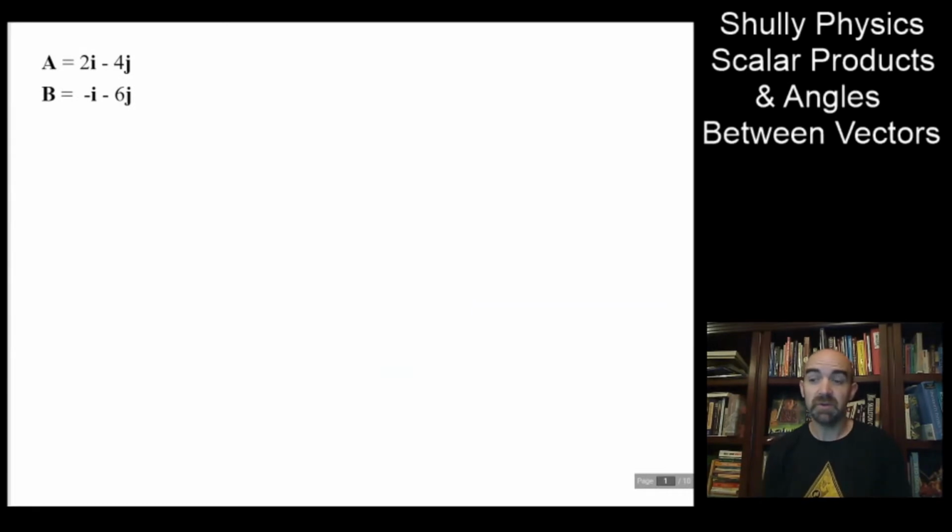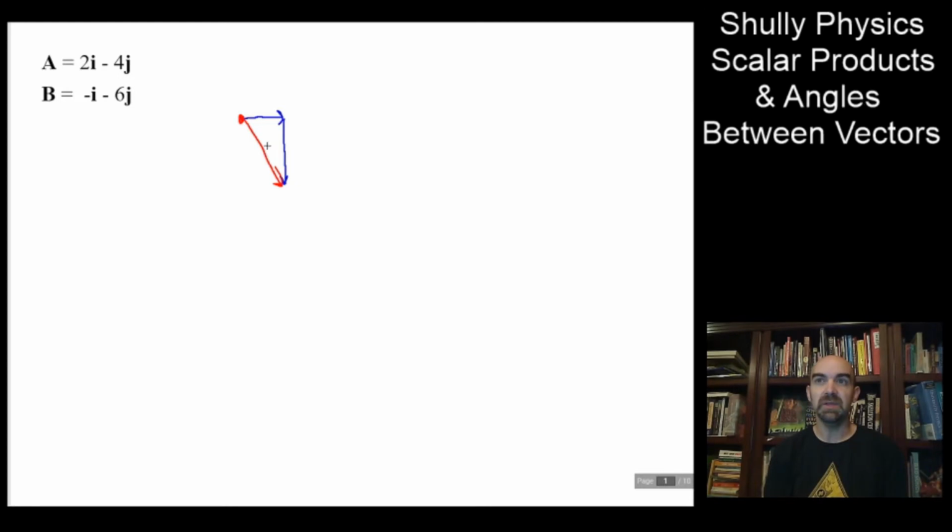So what if I were to try to find the product of A and B, these two vectors? First off, just get a visual. A is 2i minus 4j. So that's like a vector that has 2 units in the x direction and 4 units in the negative y direction. So that's a vector that looks a little something like this, if this were our origin.